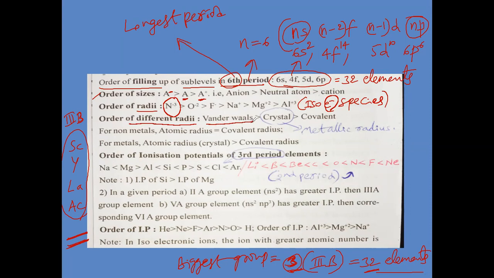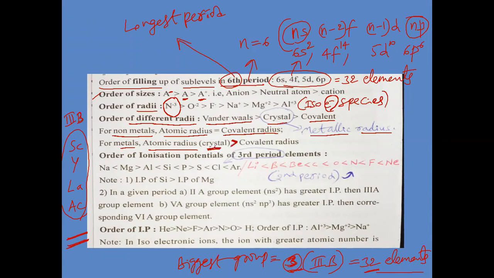Next, order of different types of radii. Which radius will be more? Van der Waals radius is greater than metallic radius. Crystal radius means metallic radius. Greater than covalent radius. Okay. For non-metals, generally, atomic radius is nothing but covalent radius. And for metals, atomic radius is nothing but the crystal radius. This crystal radius generally will be greater than the covalent radius.